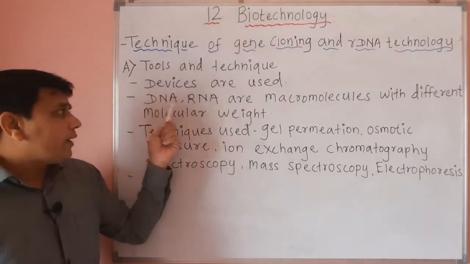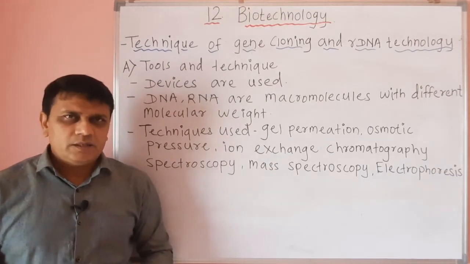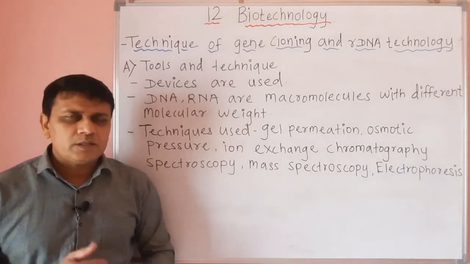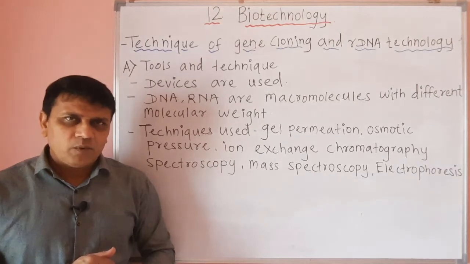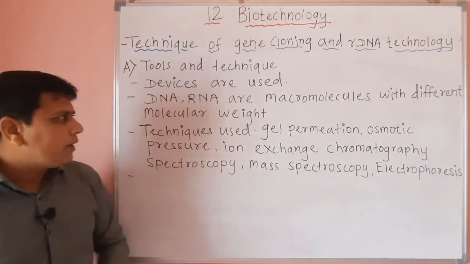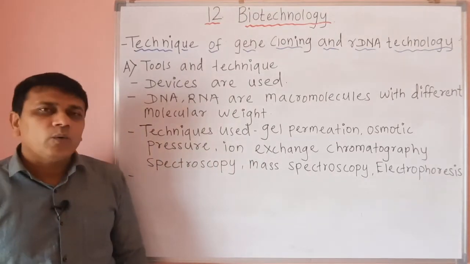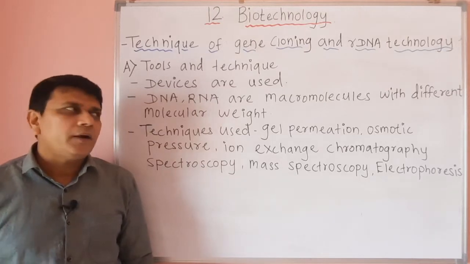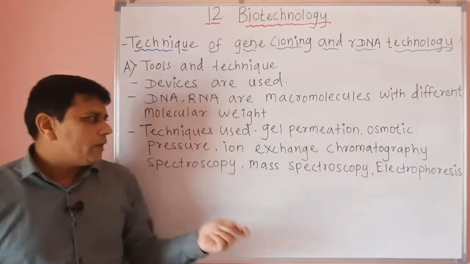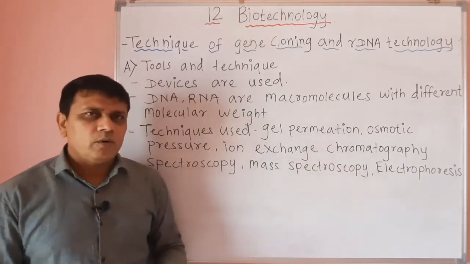Now you know that DNA and RNA are nucleic acids and these are macromolecules. Macromolecules mean they are large sized molecules and they are having high molecular weight. Similarly, different kinds of technique used for gene cloning and recombinant DNA technology are like gel permeation, then osmotic pressure, ion exchange chromatography.